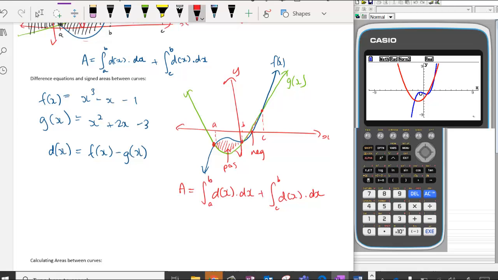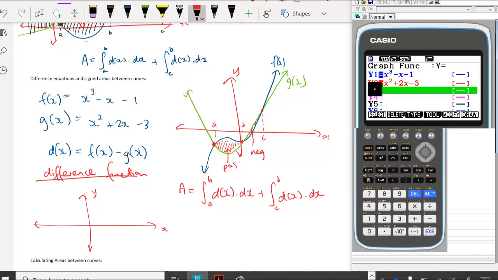So we could sketch this again, looking at a sketch of the difference function. Now, of course, this takes a little bit longer, and it can be slightly confusing, so you don't have to take this approach. But here, if I go into vars and graph, then because I've gone f of x take g of x, I can say y1 subtract y2.